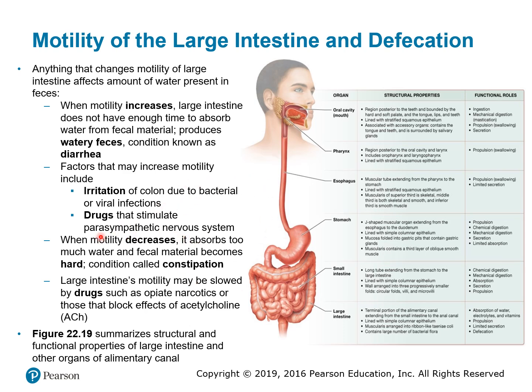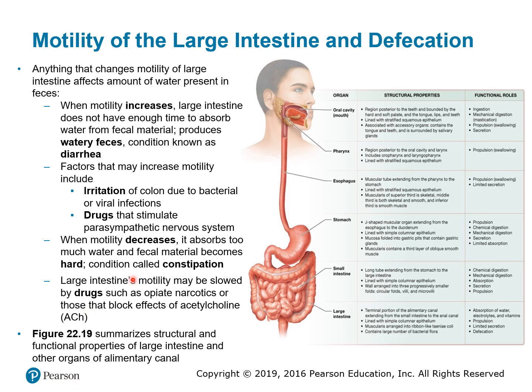It absorbs so much water that the feces becomes harder and individuals become constipated because the feces is not as soft as it needs to be. This lack of motility may slow down because of taking medication, maybe opiate narcotics, or some type of mechanism that blocks the effects of acetylcholine, which is a neurotransmitter that enhances this.